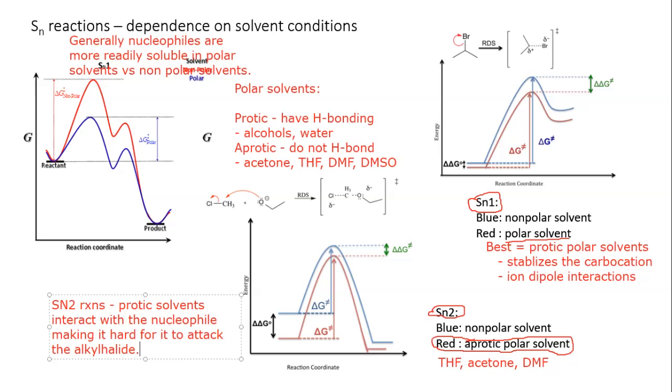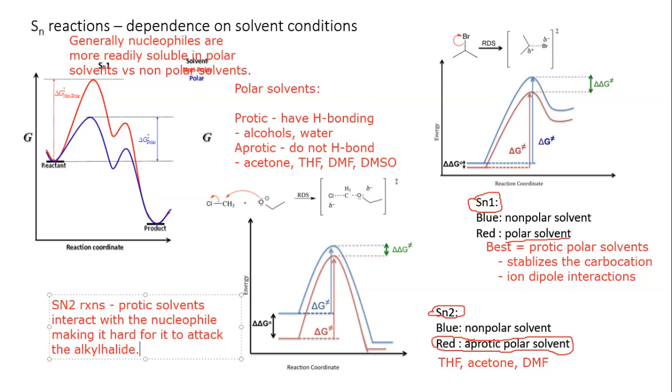Now, when we're breaking down the polar solvents, we have protic solvents, which have hydrogen bonding, such as alcohols and water. And we have aprotic solvents, which don't have any hydrogen bonding, such as acetone, THF, DMF. For SN1 reactions, the most ideal solvent would be protic polar solvents in most cases, because this helps stabilize the carbocation through ion dipole interactions.